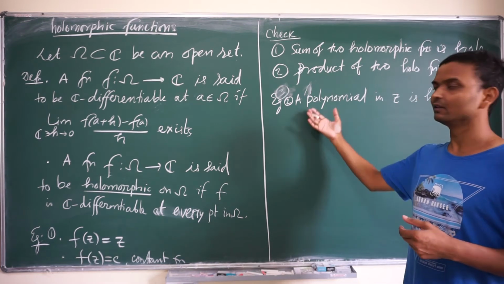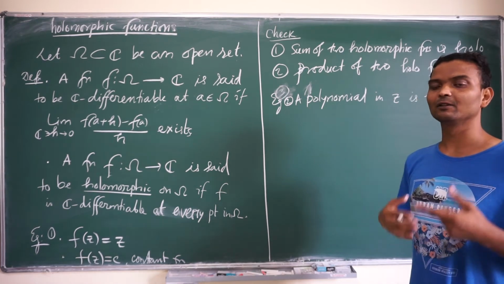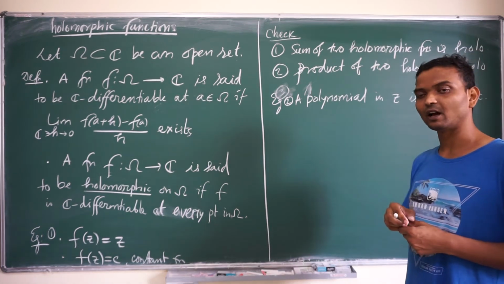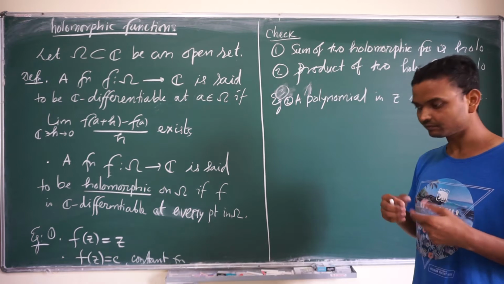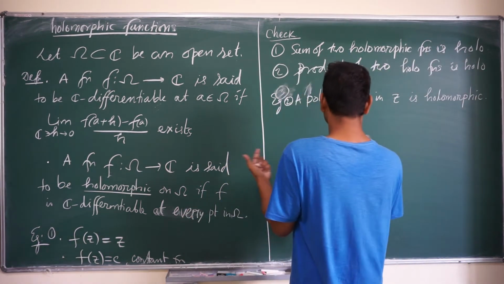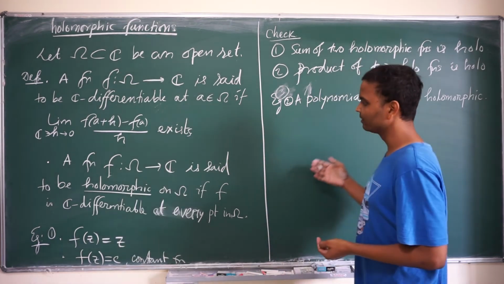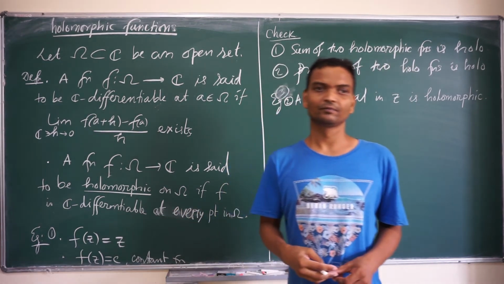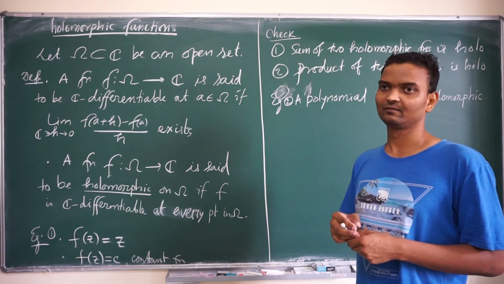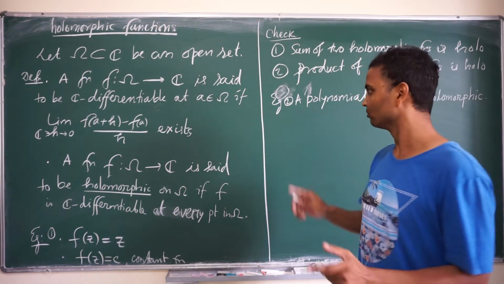So what would be the next set of examples that can come after polynomials? A polynomial is a finite linear combination of z to the power n. So you look at infinite series.